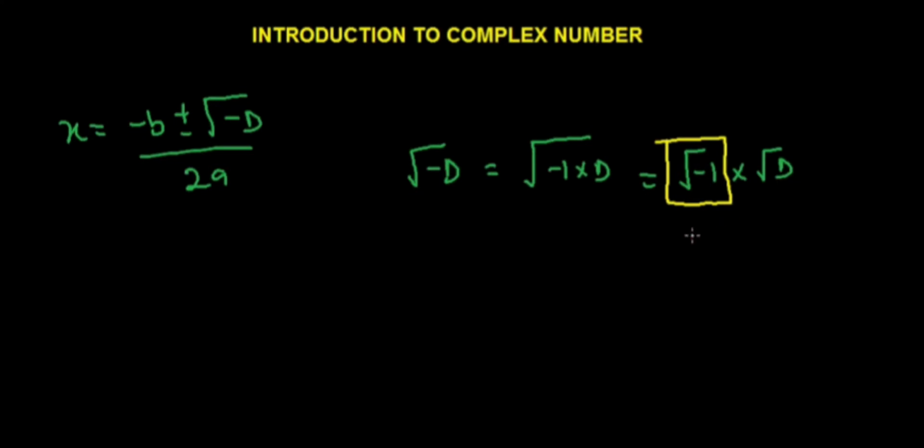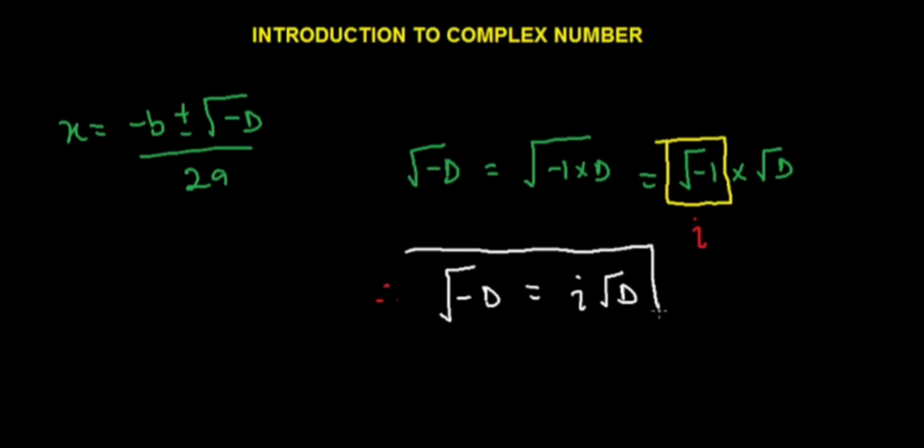We call it i. Note that we call it i. Therefore, the root of minus D is equal to i root D. So this is what we want to know, and this is what we want to know also, that the root of minus 1 is equal to what?